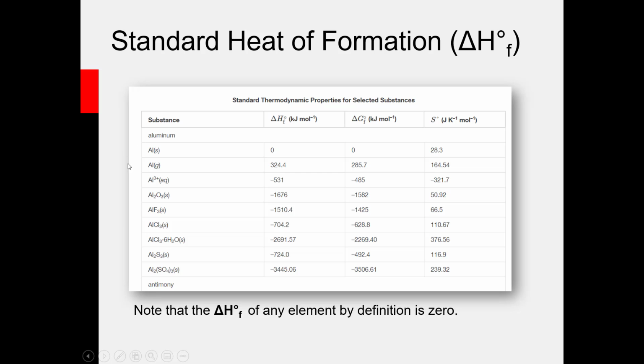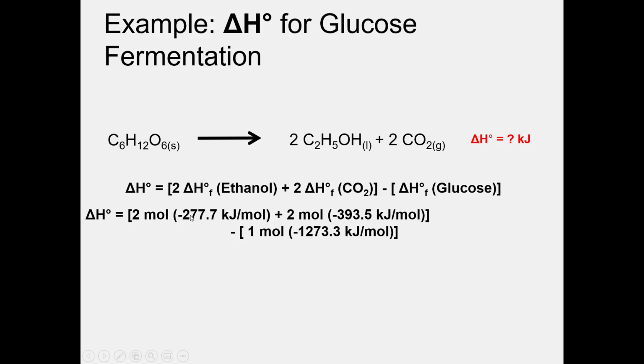So we go to Appendix G, which I've only reproduced a small portion of here, to get our enthalpies of formation. We come back with those and we plug them in. So for instance, I found the enthalpy of formation of ethanol to be negative 277.7 kilojoules per mole. And remember, phase matters, so I looked up the enthalpy of formation for liquid ethanol.